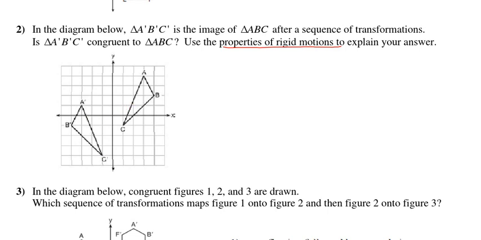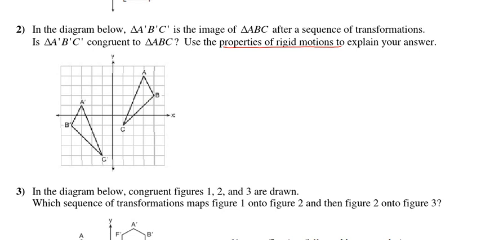So now that we see visually that they are congruent, we should now find what the rigid motions are in order to support our answer of saying yes, they are congruent. So what are the rigid motions? Very similar to what we did on number 1.